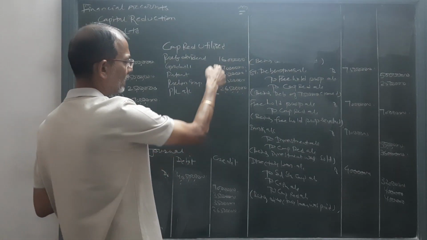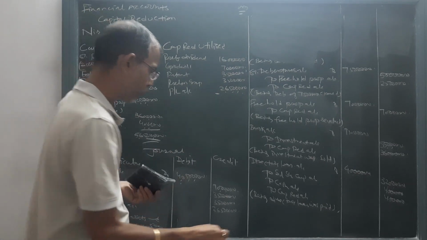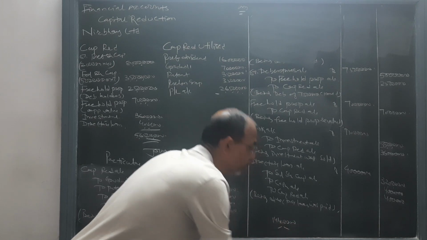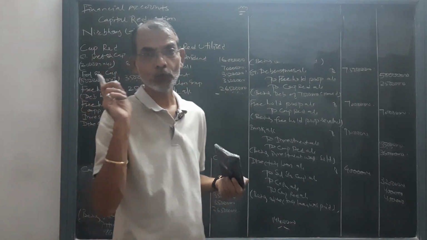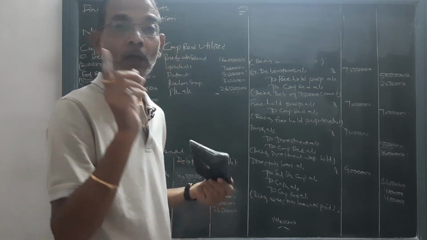If you subtract these figures, the balance will remain 1 crore 44 lakh, which is to be used to write down the value of stock and plant.